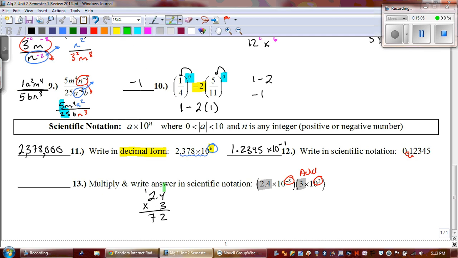There was one number behind the decimal, so I'm going to make sure that there's one number behind the decimal. And then negative 8 plus 2 is negative 6. So we're left with 7.2 times 10 to the negative 6th.